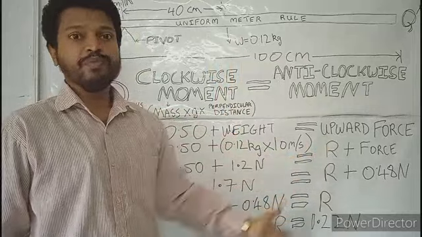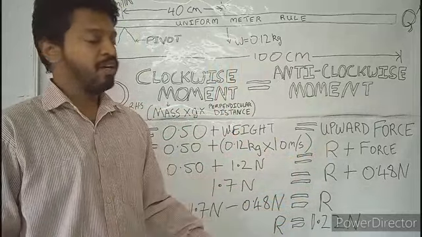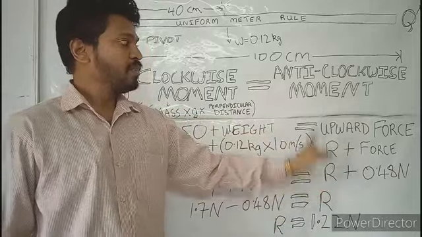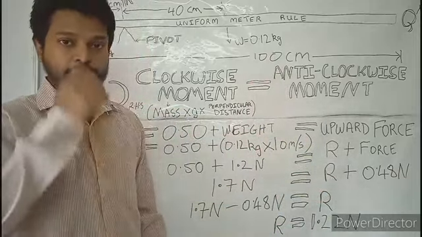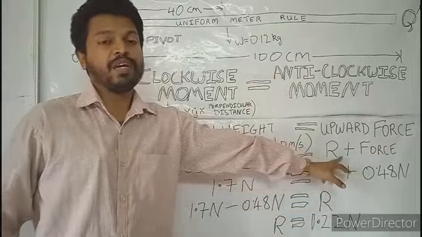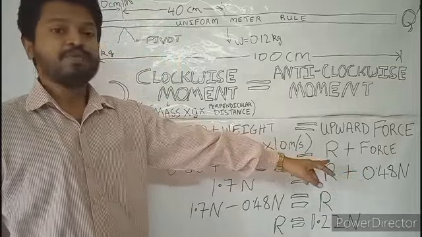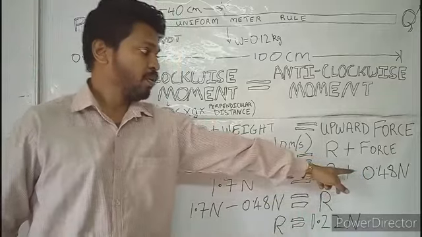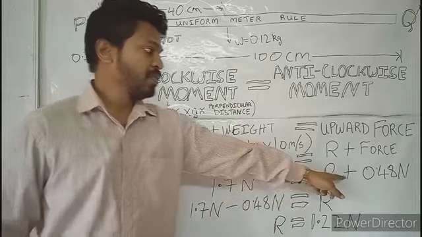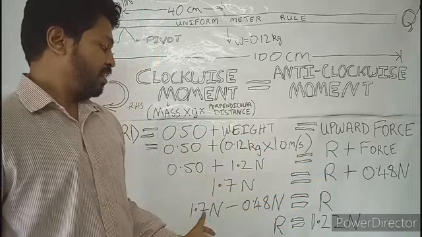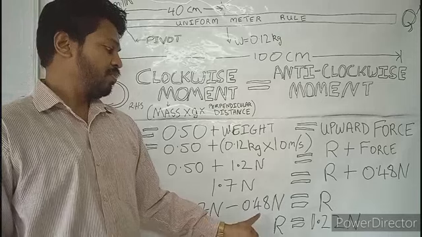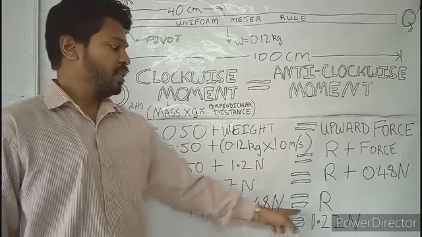We are not aware of R, we need to calculate R. So we will keep R plus the force F, which we calculated and rounded off to 0.48 newtons. When it comes to the other side, the plus sign will get a minus sign, so 1.7 newtons minus 0.48 newtons is equal to R.